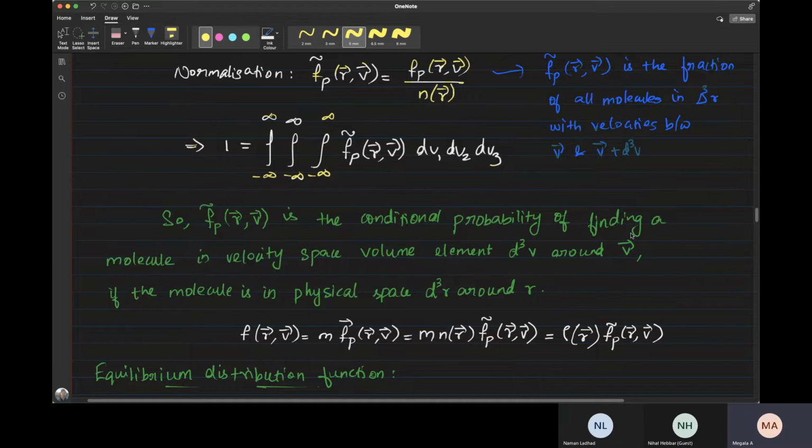If this condition is satisfied, that means in this physical space, we can search for molecules with velocities in this velocity volume, that is V vector plus d cube V. So in that volume, if we have velocities ranging from V vector to V vector plus d cube V, then those numbers of molecules will help us to evaluate f tilde, that is the number density.